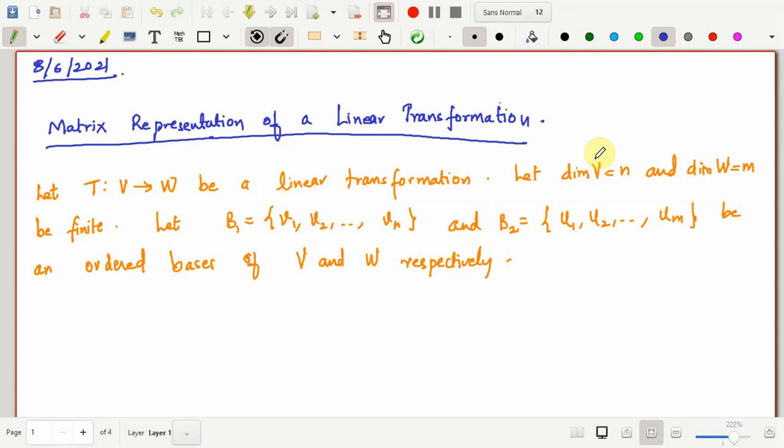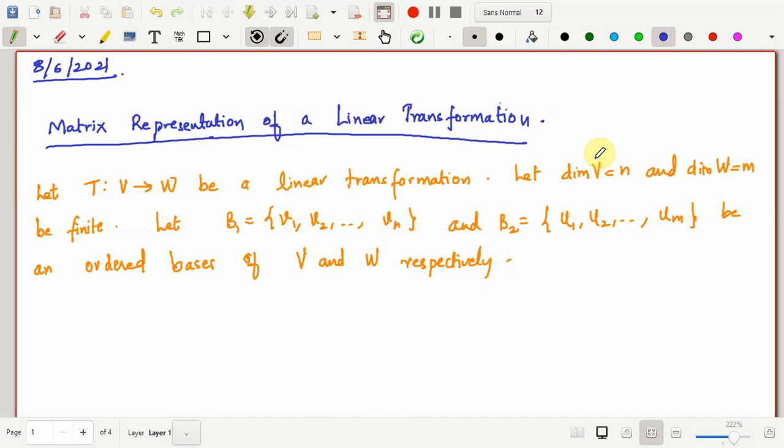Given a linear transformation from a finite dimensional vector space to a finite dimensional vector space, we can construct a corresponding unique matrix with respect to the given ordered basis of the domain and the codomain of the linear transformation.